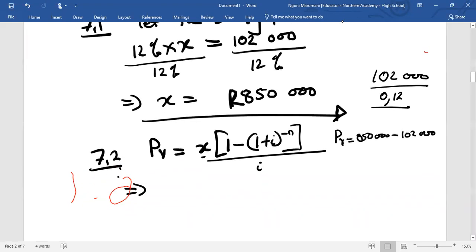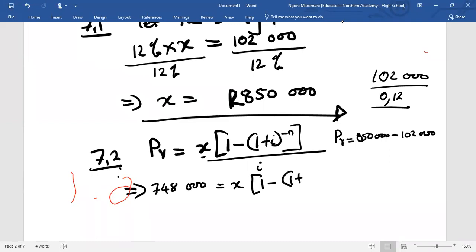So what is the present value? 748,000. 748 what? Thousand. Are we getting that one? It is equal to X, and we don't know our X, right? 1 minus 1 plus.